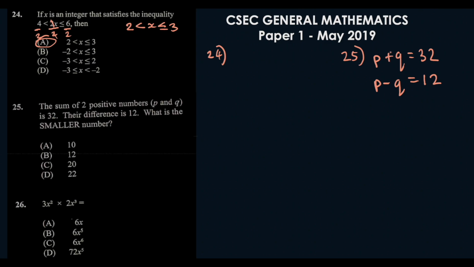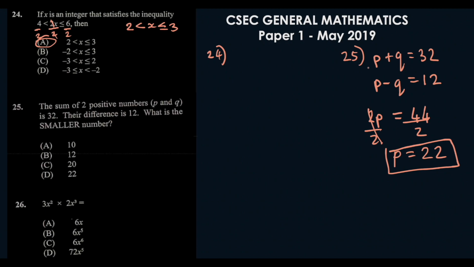So what I can do is add these together. So p plus p is 2p, q plus minus q eliminates itself, so that's 0, which is equal to 32 plus 12, which is 44. So then if I divide both sides by 2, I'll have p is equal to 22.